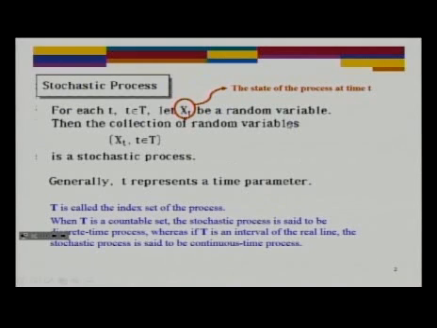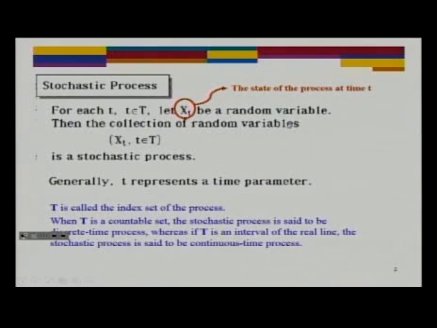For example, X(t) might be the total number of customers that have entered a certain bank by, let's say, 10 o'clock in the morning, or the number of people in the grocery market at noon on a certain day of the week, and so on, okay?